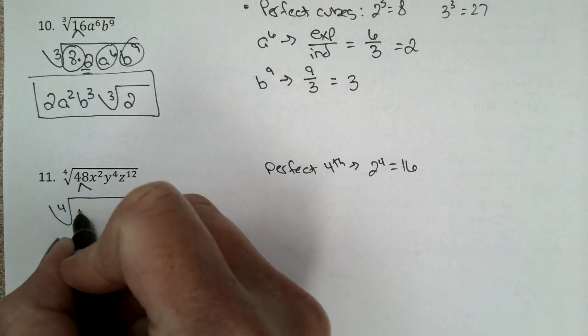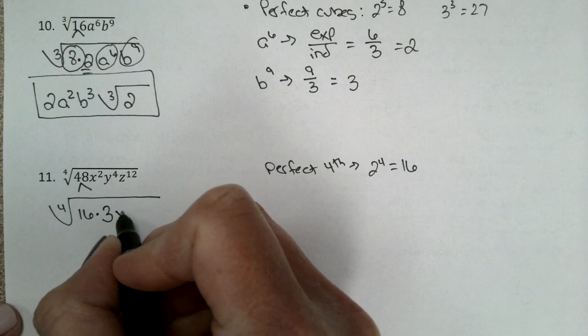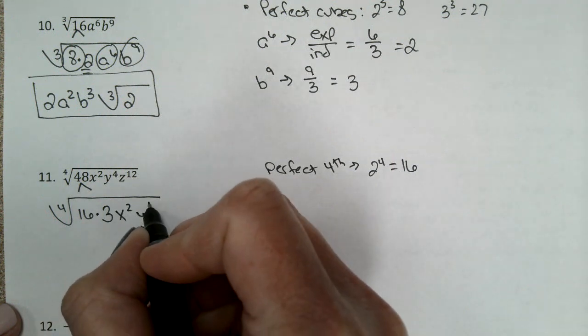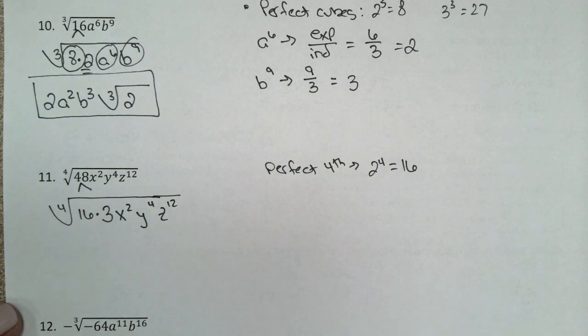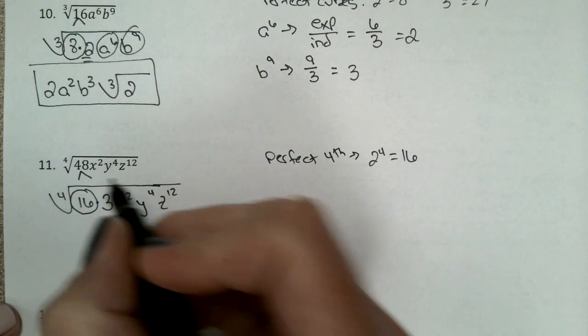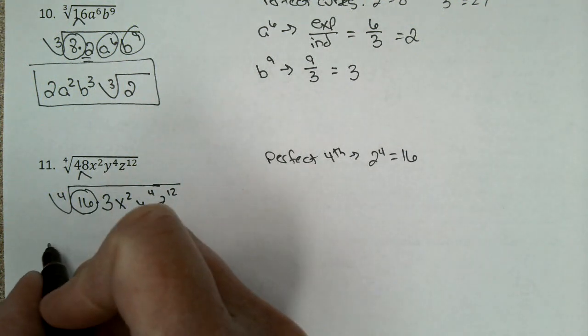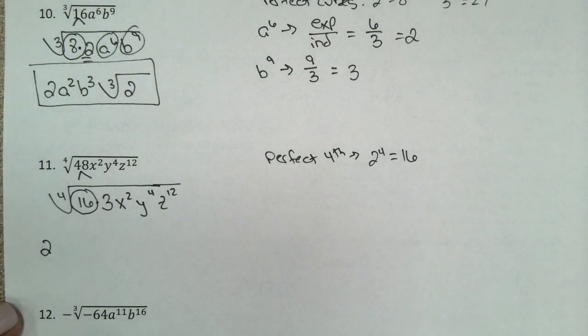So I would rewrite this as 16 times 3, x squared, y to the 4th, z to the 12th. So I know I'm going to take the 4th root of 16, so that means that a 2 is going to come out of the radical.